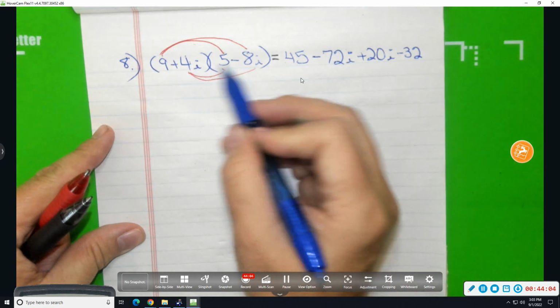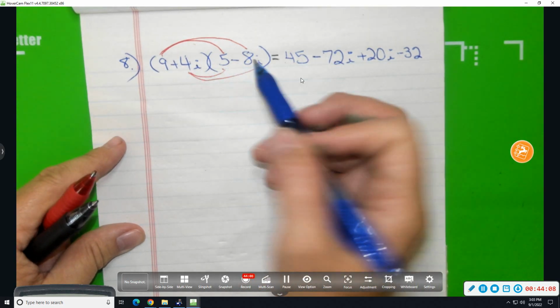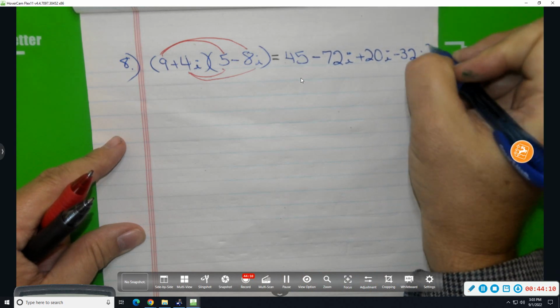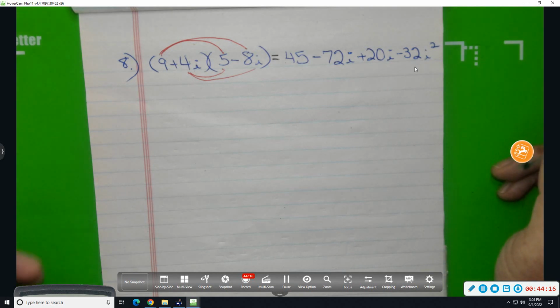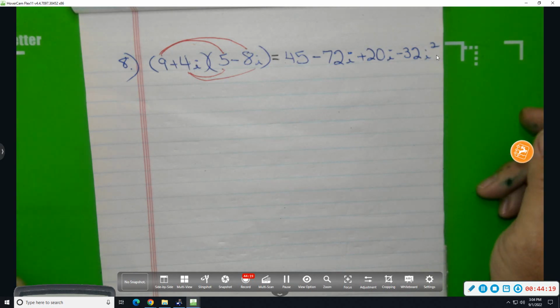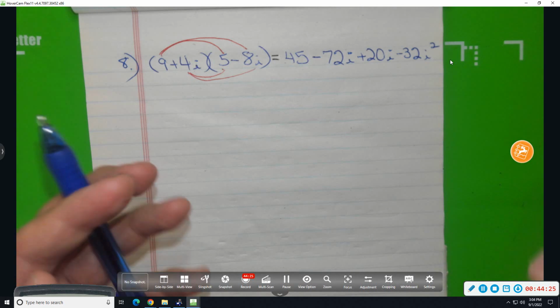And the i times i, just like x times x became x squared, i times i becomes i squared. And don't let powers of i build or linger around. As soon as you pick up a power of i, simplify it using the fact that i squared is equal to -1. So here's my thought process.